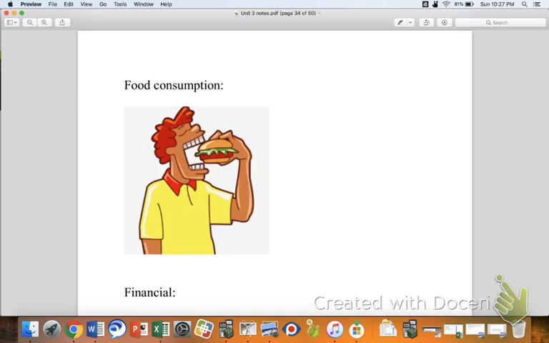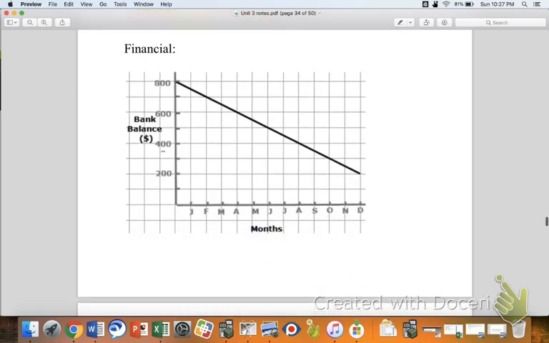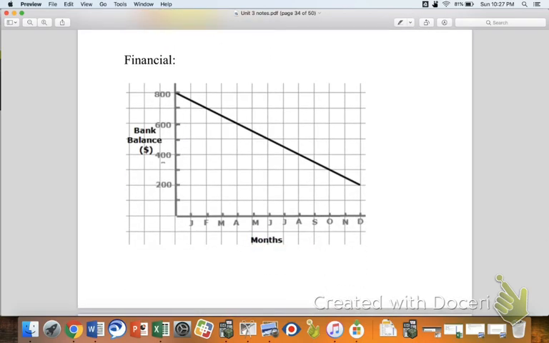And then finally, we're going to look at financial data, and this we're going to actually do a little bit of figuring here. So the rate of change could be measured in dollars per month, and you can see here that the units on this graph are in dollars on the vertical axis and months on the horizontal axis.